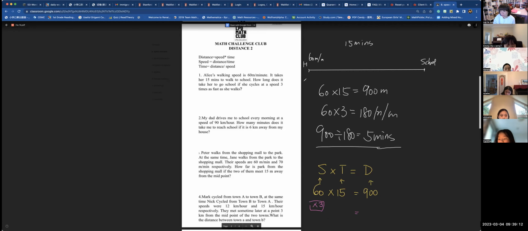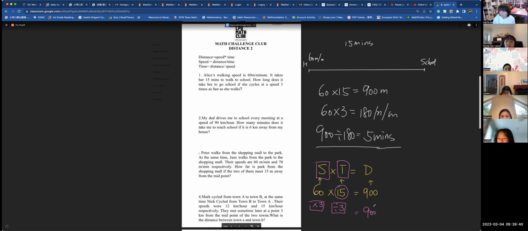Alice is still coming from home to school, so we have 2 variables, and the 2 values multiplied together equal the distance. In order to keep the distance the same, because the speed has increased by 3 times, the time needs to be what? Emma? Divide. Very good, very good.